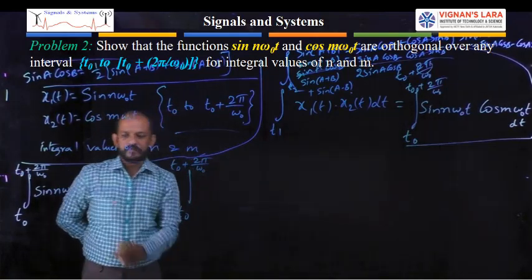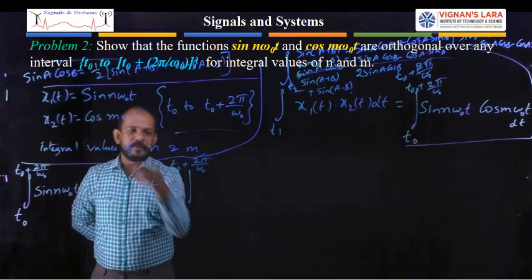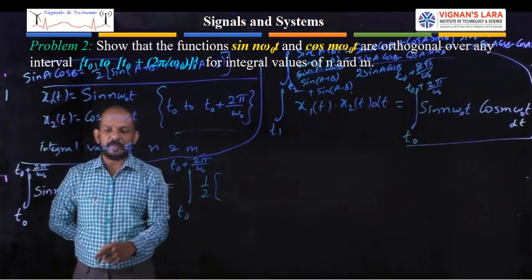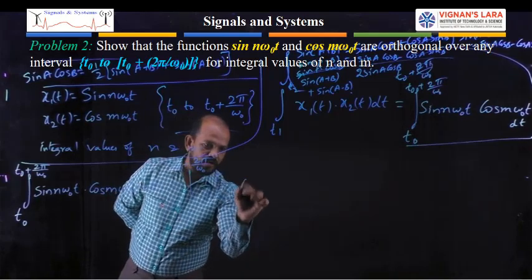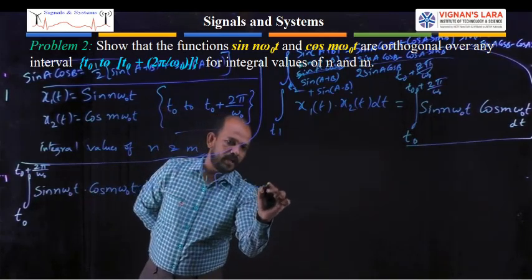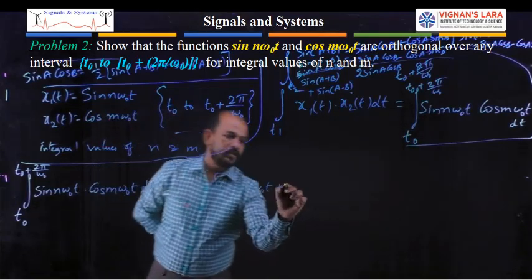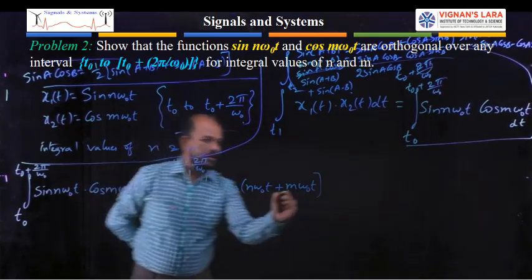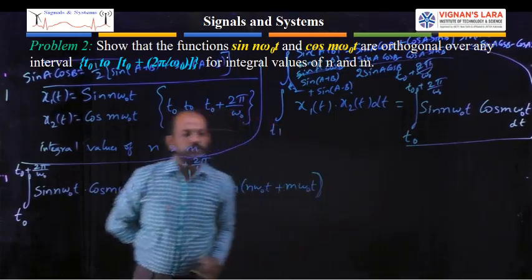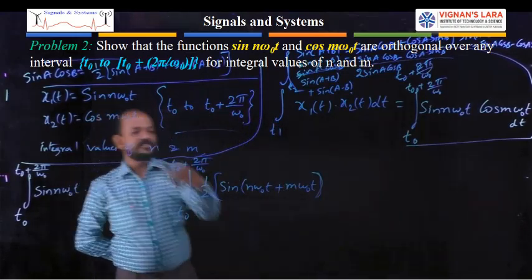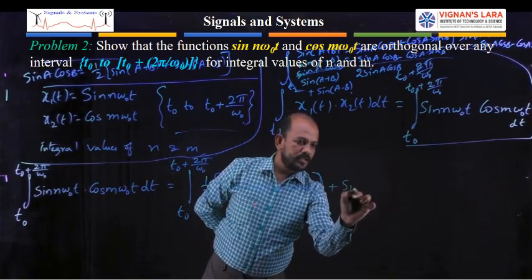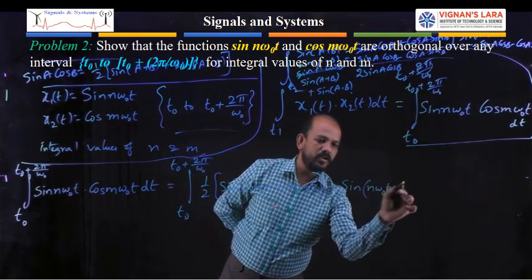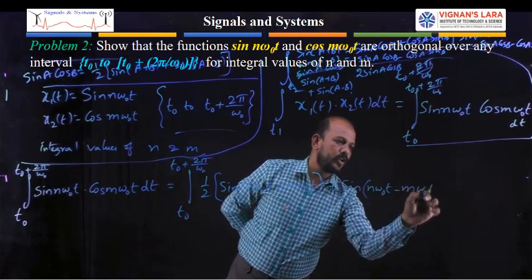That will be equal to 1 by 2 into sine of A plus B, that is sine of n omega naught t plus m omega naught t, plus sine of A minus B, that is n omega naught t minus m omega naught t.